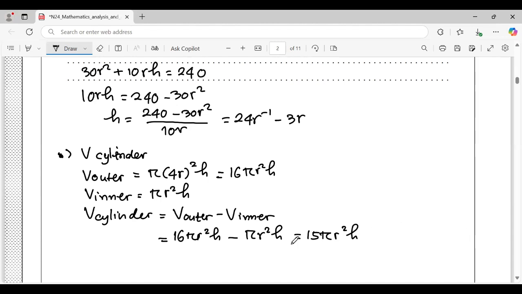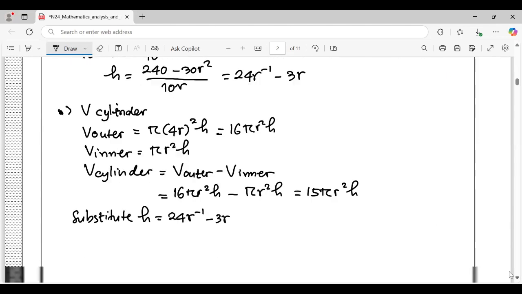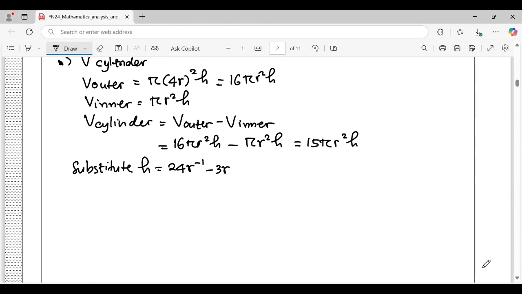That one. Now substitute this value, substitute h equal 24 r power minus 1 minus 3r into this one, into volume cylinder.